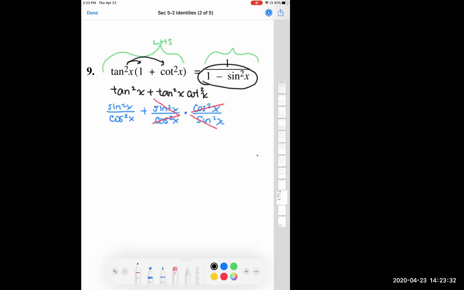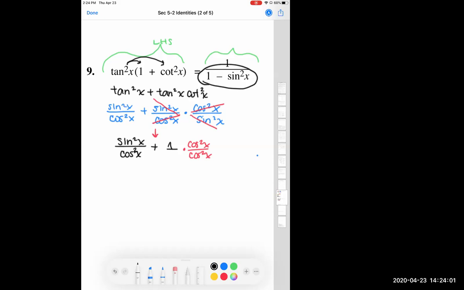So what are we left with? We're left with sine squared of x over cosine squared of x plus 1. Okay, so let's get a common denominator. So let's multiply this by cosine squared of x, so I can go ahead and add them.